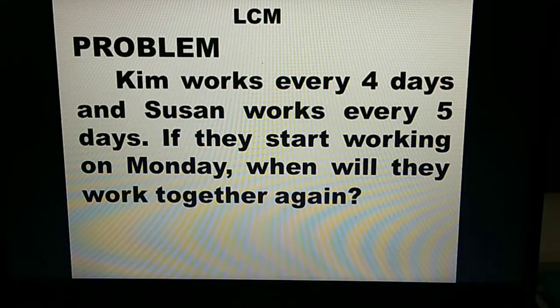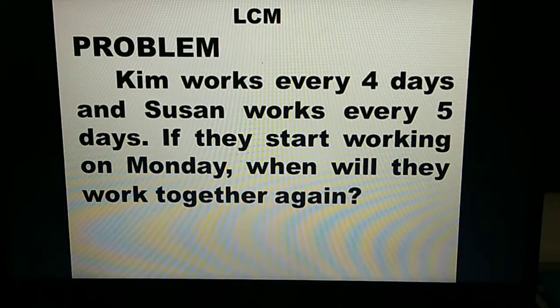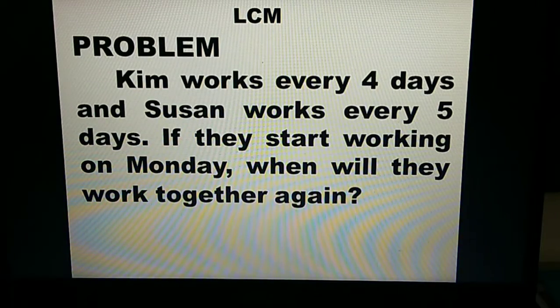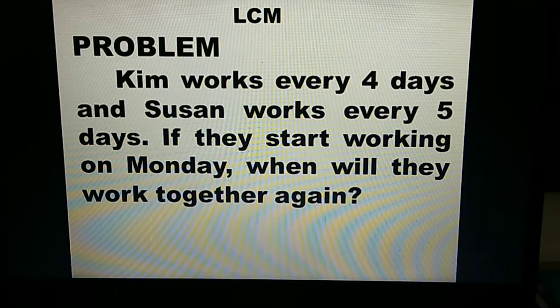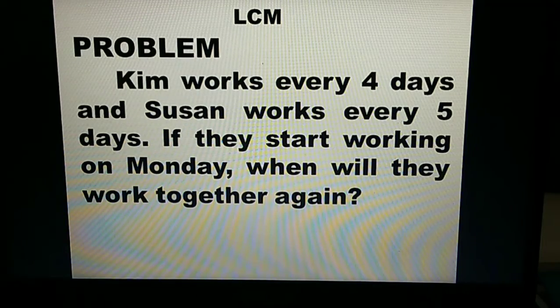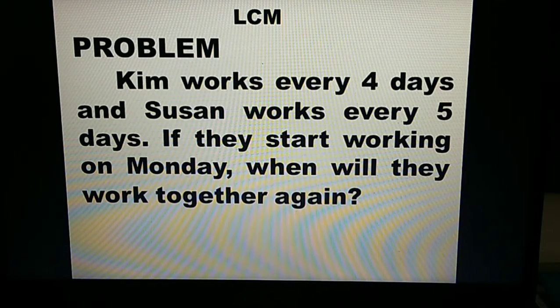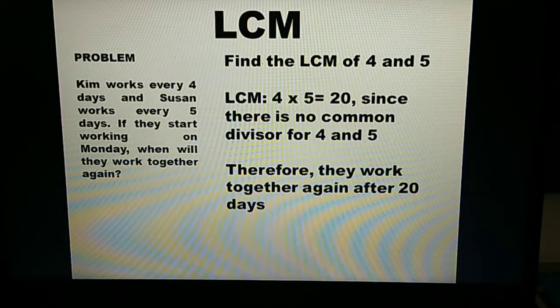Then, in this kind of problem, for our plan, we are going to solve this by using LCM. Our strategy is continuous division. So, we have to find the LCM of 4 and 5.